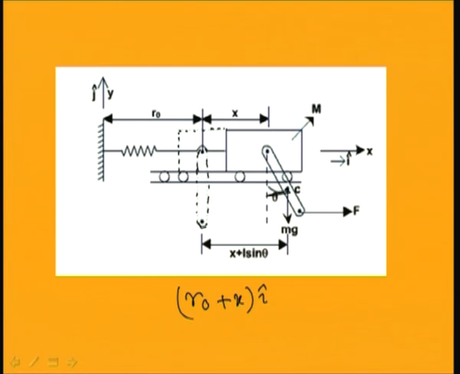If this length is L, the center is at a distance L by 2, so the horizontal component is r0 plus x plus L by 2 sin theta i, and the vertical component, taking positive in this direction, is negative in this direction, so minus L by 2 cos theta j.